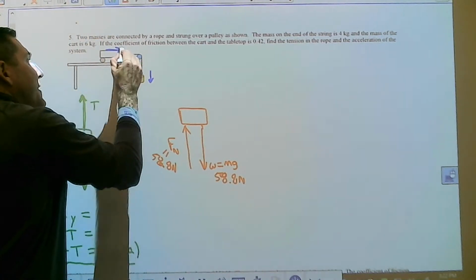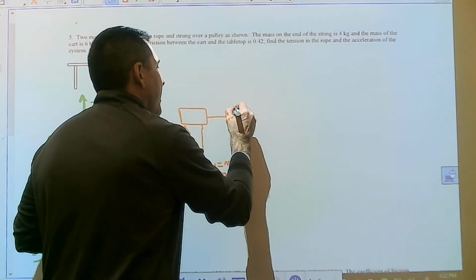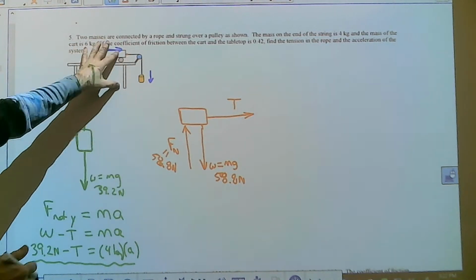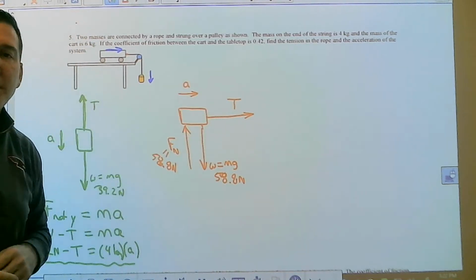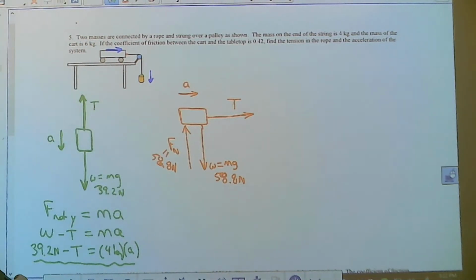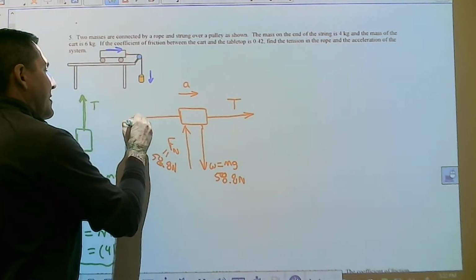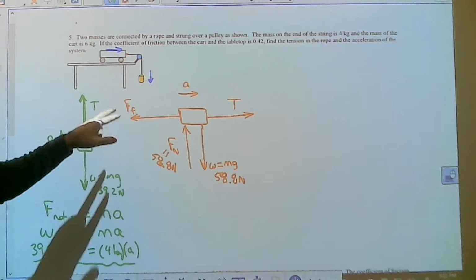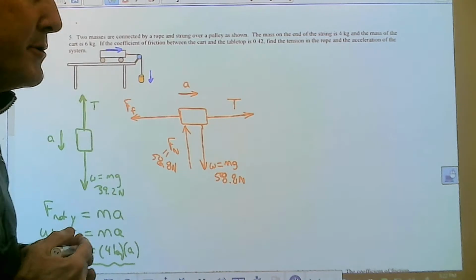I've got a rope attached to the right side, and ropes can only pull, and the force in a rope we call the tension. I analyze and realize that this one has to be accelerating to the right, can't be going to the left. If it's moving to the right, friction is going to act to the left. And since it is on a tabletop, as opposed to just being suspended in air, there's going to be some friction between it and the tabletop.